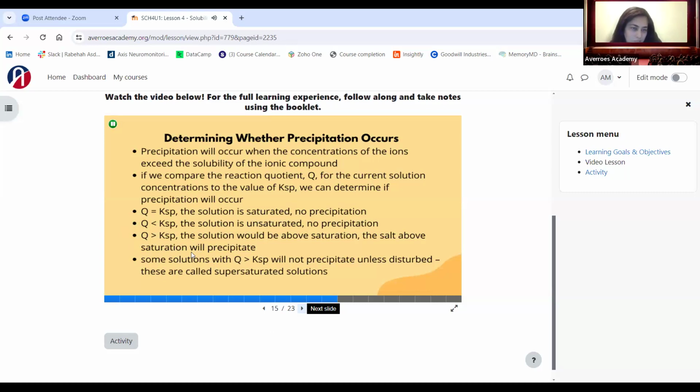However, some solutions in this instance will not precipitate unless they are disturbed, and these are called supersaturated solutions. Right? In a case where our Q is greater than K, but a supersaturated solution is unstable. So the solute concentration exceeds the equilibrium concentration, but it might not necessarily form a precipitate.